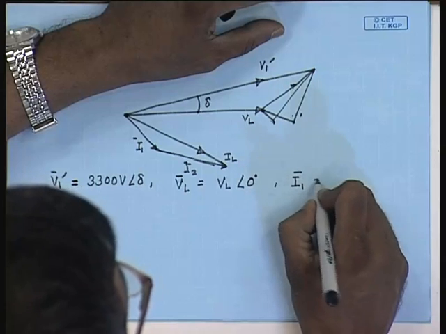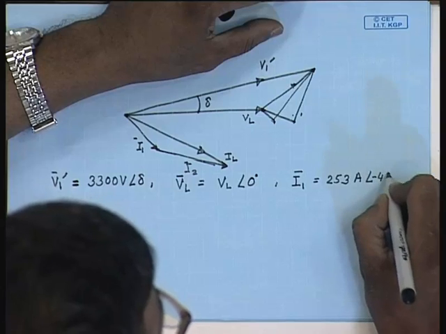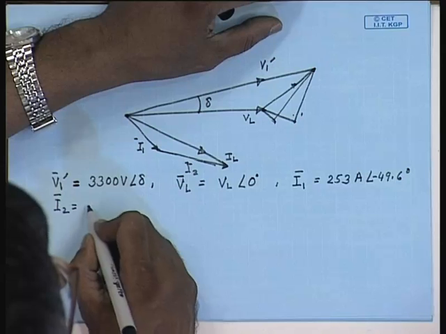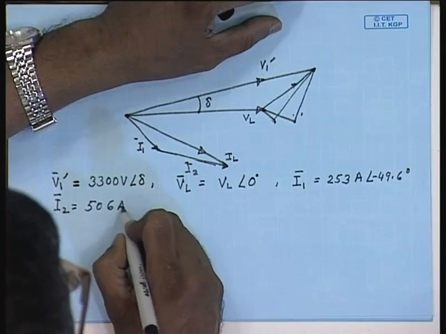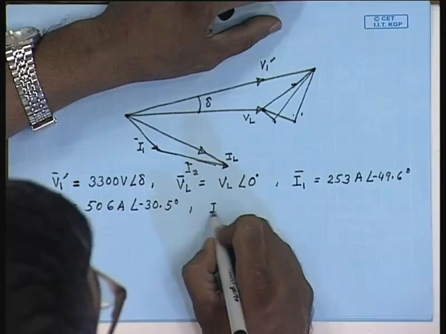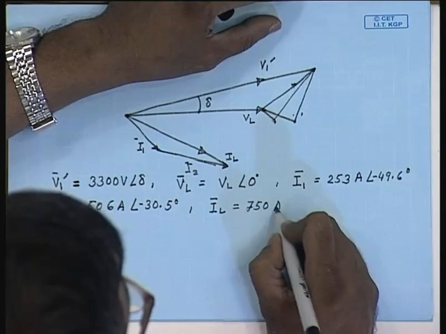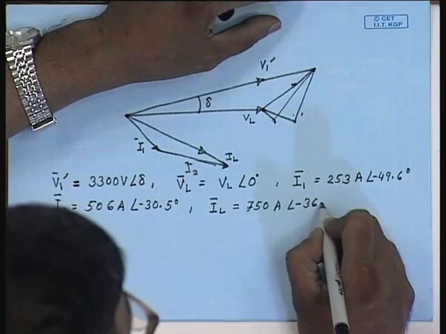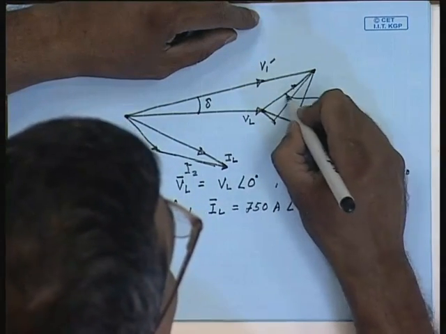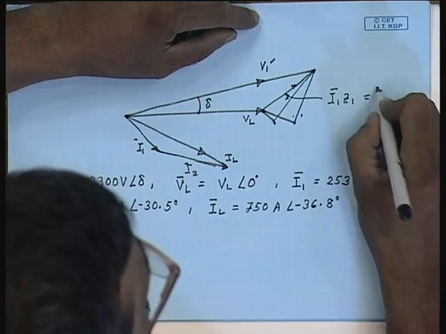I1 equal to 253 amperes angle minus 49.6 degrees. I2 equal to 506 amperes angle minus 30.5 degrees, and IL, their phasor sum, equal to 750 amperes angle minus 36.8 degrees, and this phasor is equal to I1 Z1 equal to I2 Z2.